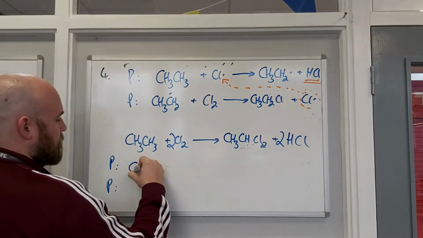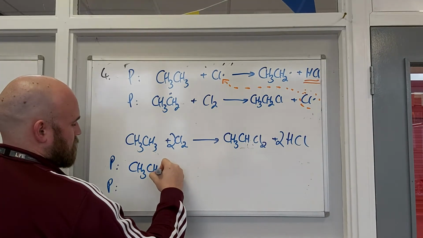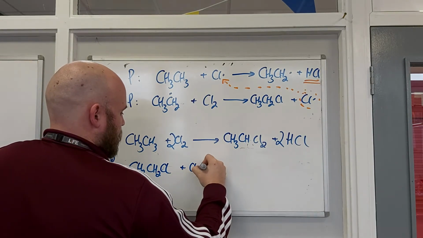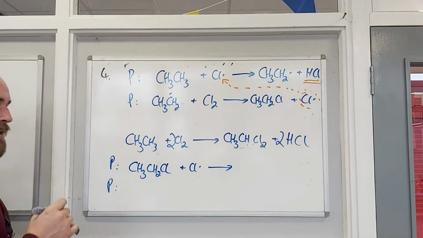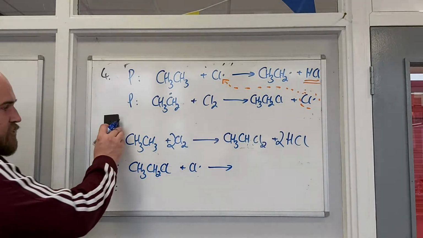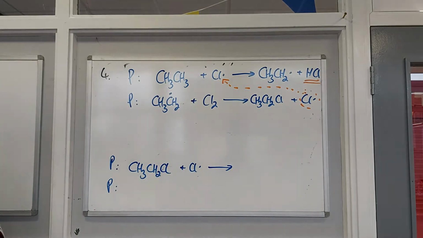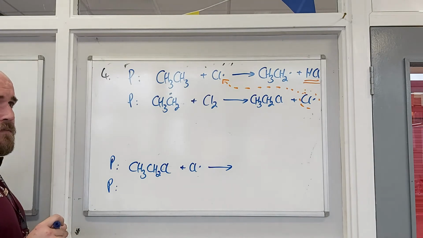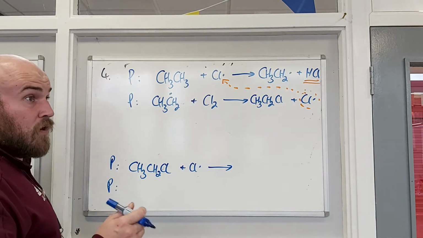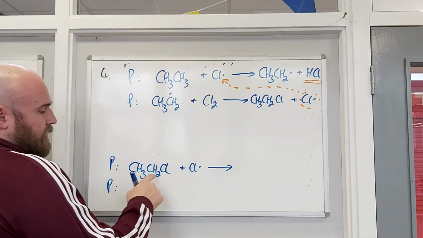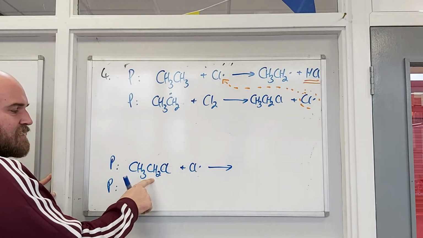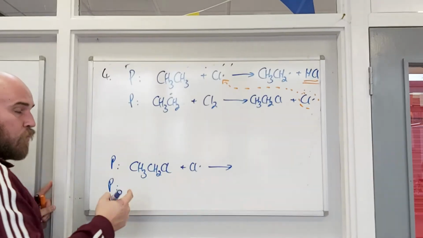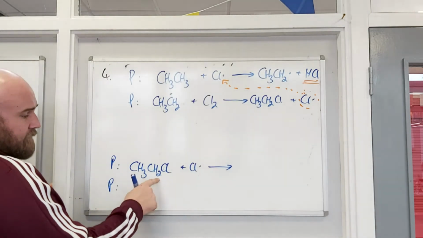So we're starting this time with that. Okay. We'll take our chlorine radical. It'll do exactly the same thing. We've got to be careful now though, because it does tell us in this question, I'm just going to get rid of this equation for a moment, that we're going to be forming 1,1-dichloroethane. So we're going to end up with the chlorines on the same carbon. So when I take a hydrogen this time, I could take that hydrogen or I could take that hydrogen, but to make sure that I end up with 1,1-dichloroethane, I'm going to have to make sure I take the correct one.